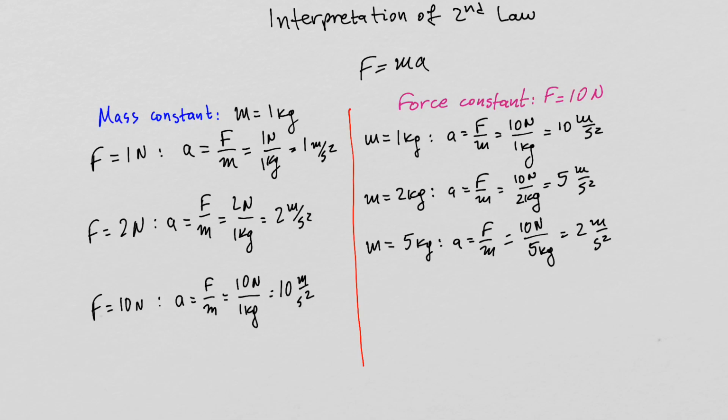The heavier objects will move with smaller acceleration, the lighter objects will move with higher acceleration. So the heavier objects, which are more inert, are more resistant to a change in the way that they move, as opposed to lighter objects, which are less resistant.